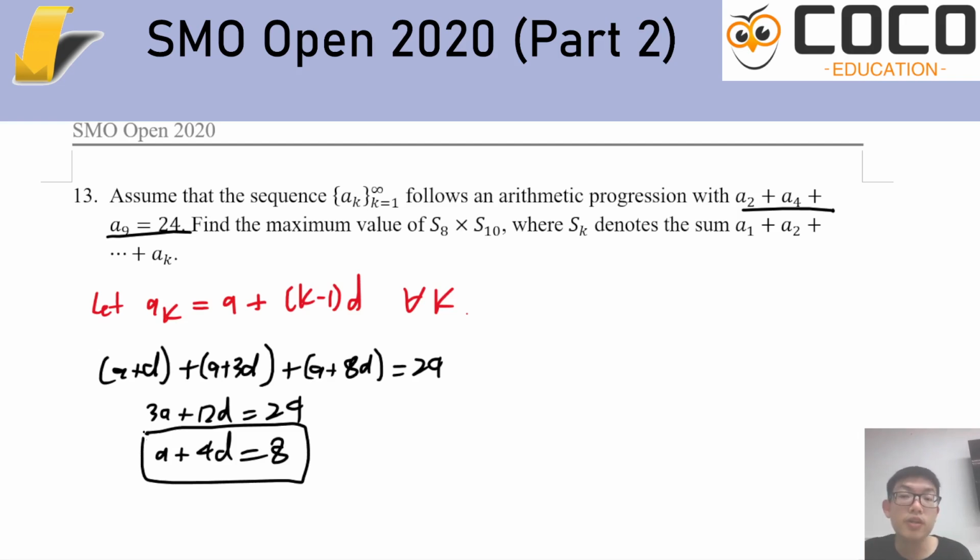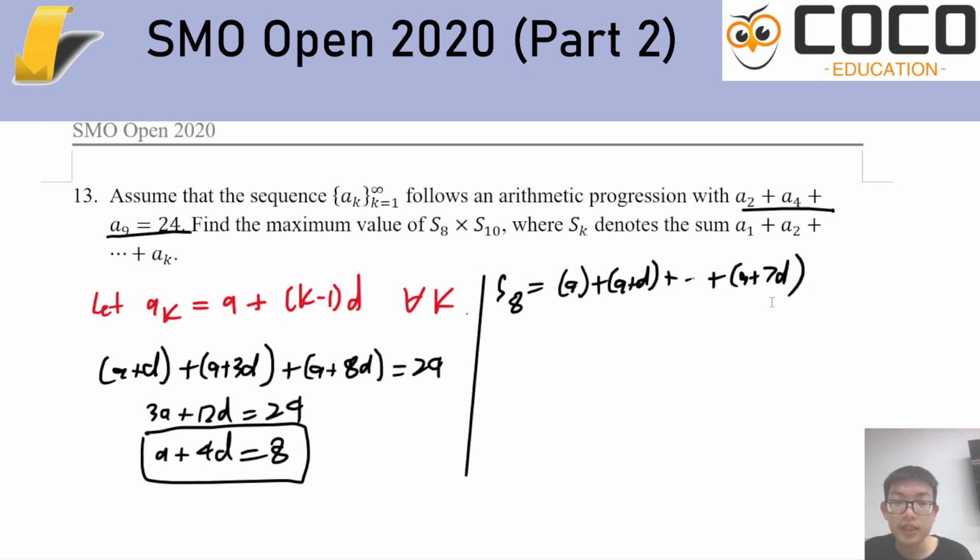Find the maximum value of S8 times S10. Now, S8 means add up until A plus 7D, and S10 means go up to A plus 9D. There is a formula for the arithmetic series, but I don't think we need to remember it.